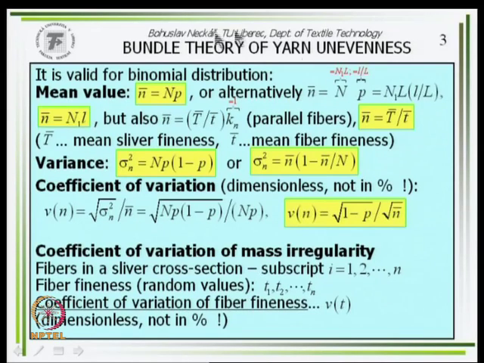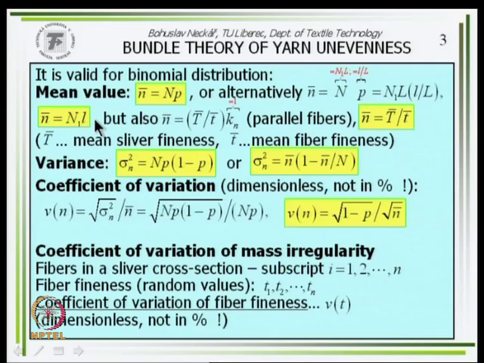It's derived in every handbook about the theory of probability. Alternatively we can write n bar is capital N times P, but N is N1 times L, and P is small l by capital L. So we can write it also in this form: n bar is N1, the average number of fibers related to length unit, times fiber length.